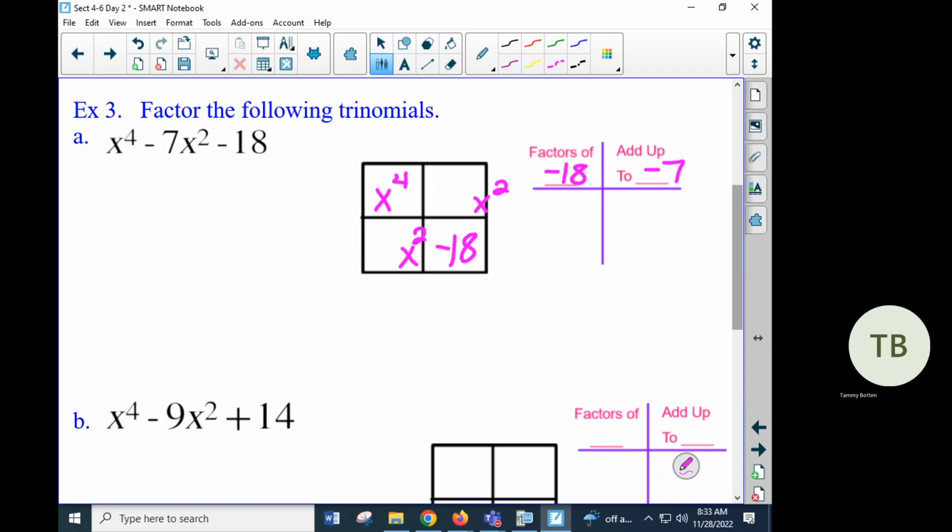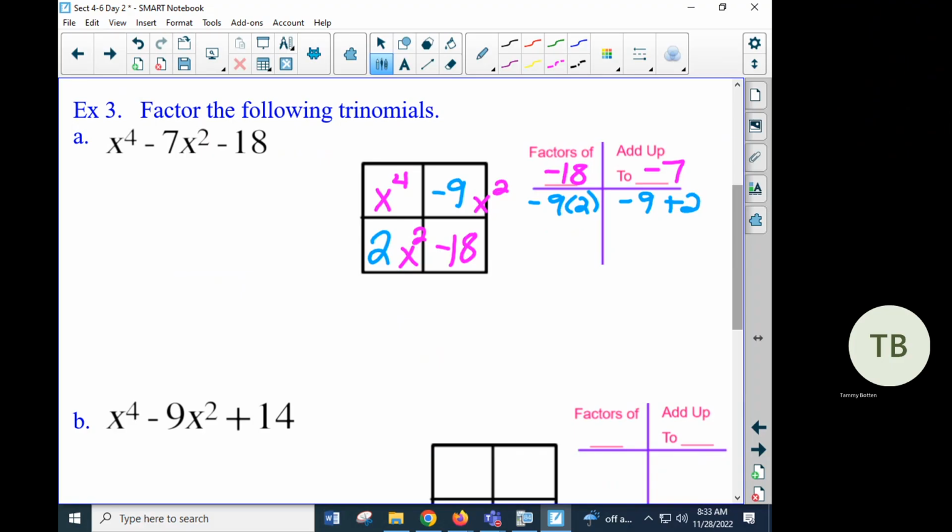Then you're gonna think, what factors of negative 18 give you negative 7? What would that be? Negative 9 times 2, okay. So what that means then is that one of these is gonna be negative 9, one of these is gonna be 2, but you have to put those x squareds with them.